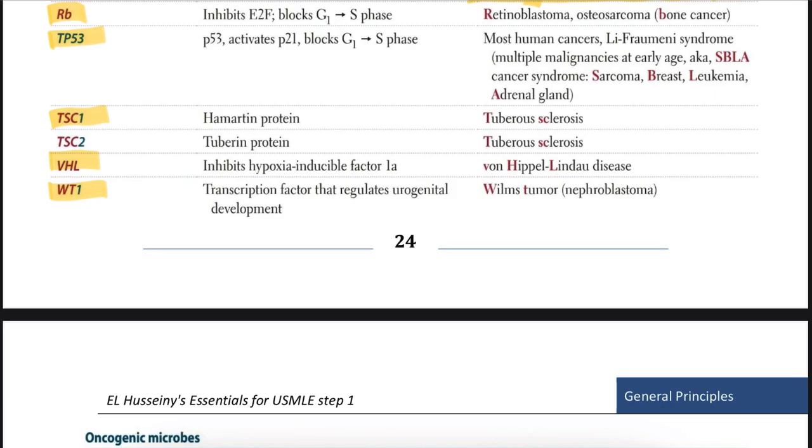Next one, WT1. Here we see transcription factors that regulate urogenital development, and Wilms tumor, that is nephroblastoma. These tumor suppressor genes require loss of both copies to initiate cancer: the two-hit hypothesis.